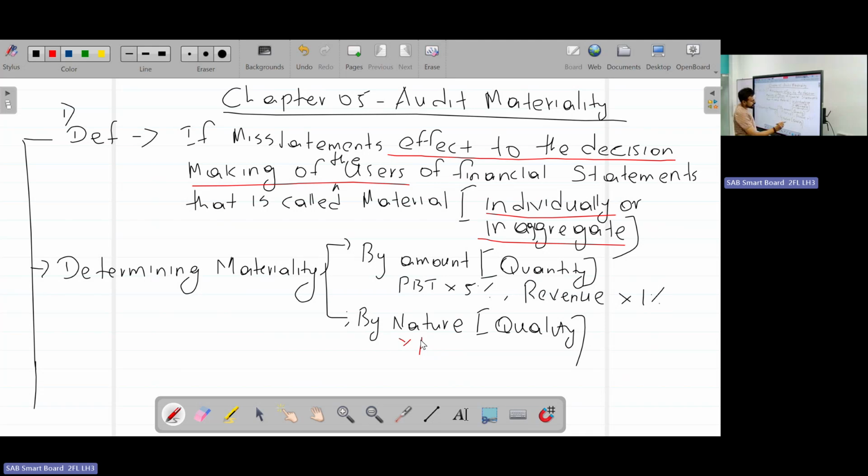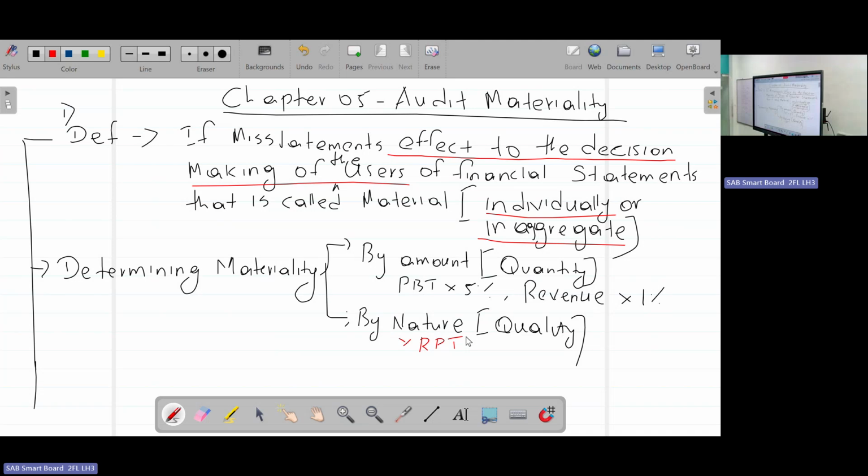Number one, all related party transactions. Irrespective of amounts, you have to consider them. Why do we have to consider related party transactions as material? Say you have decided 5 million is your material amount, and a related party transaction is 2 million, below 5 million.